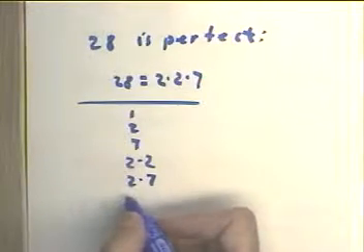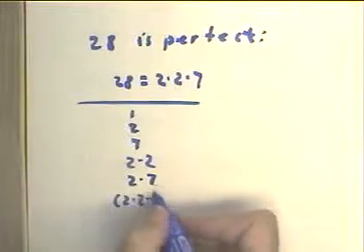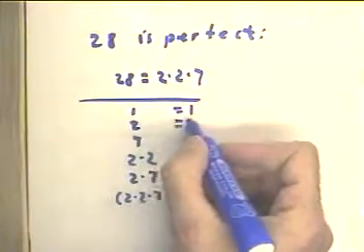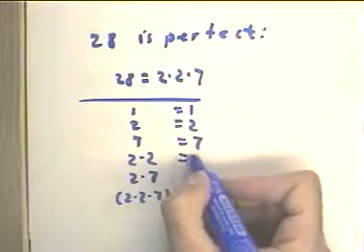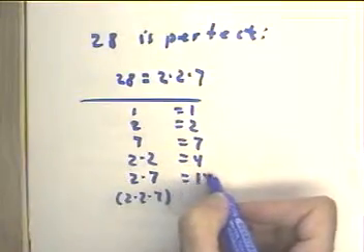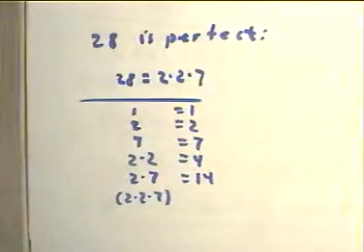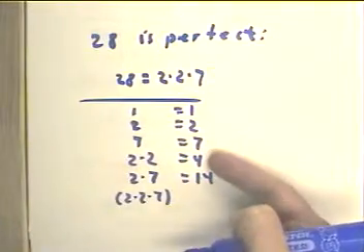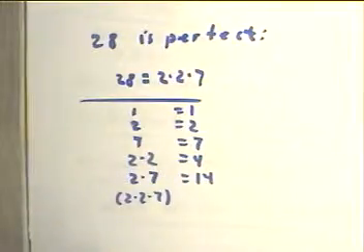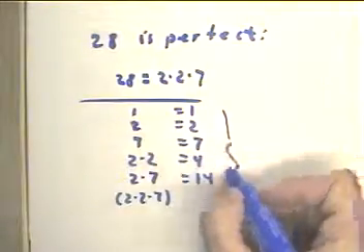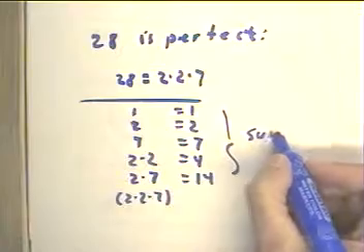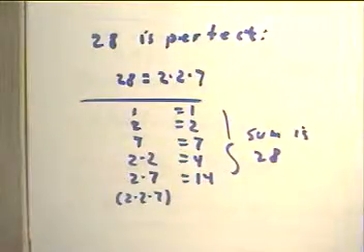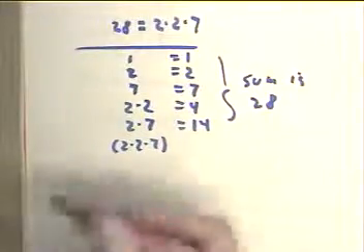Or, of course, 2 times 2 times 7, which I put in parentheses because that's not going to count among our proper divisors. Now, if we add those numbers up, 1 and 2 is 3, and 7 is 10, and 4 is 14, and 14 makes 28. So, 28 is a perfect number.